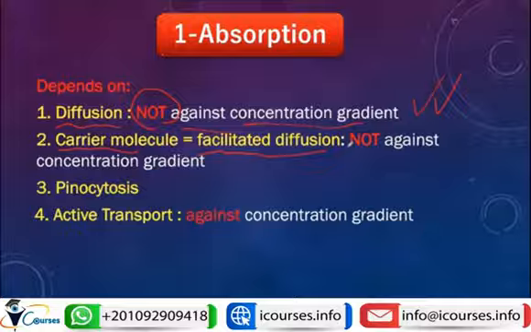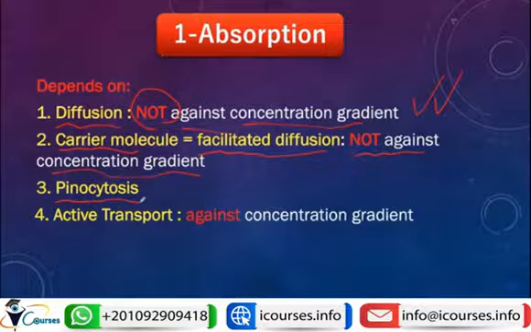But this shouldn't be confused with diffusion, because it is again not against the concentration gradient. It is just that the body or the tissue needs much more of this drug. So some carrier molecules will carry this drug and facilitate the diffusion of the drug into the cell.